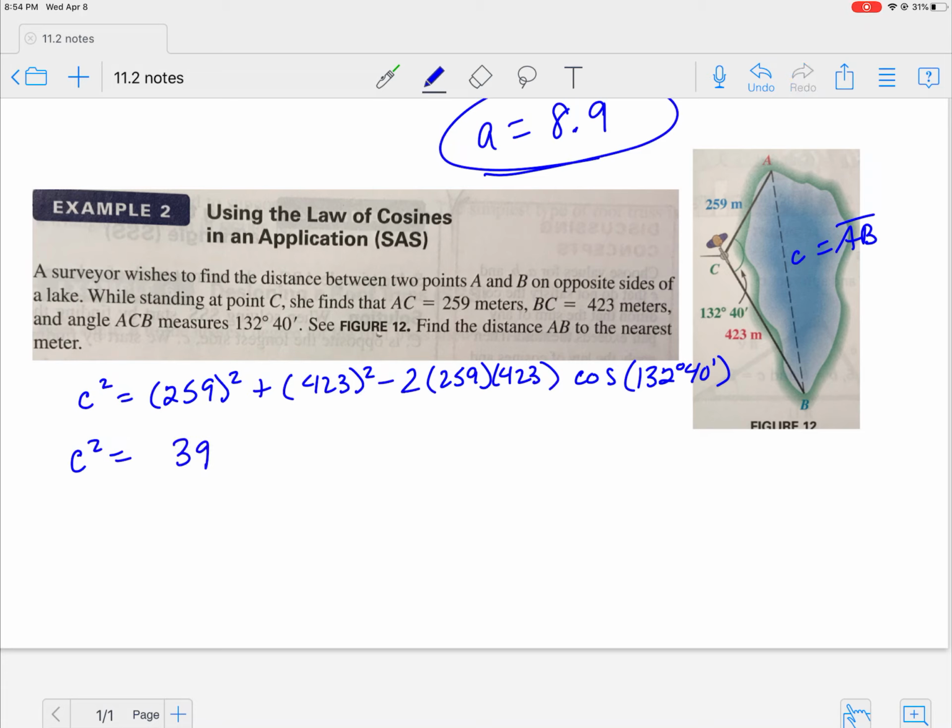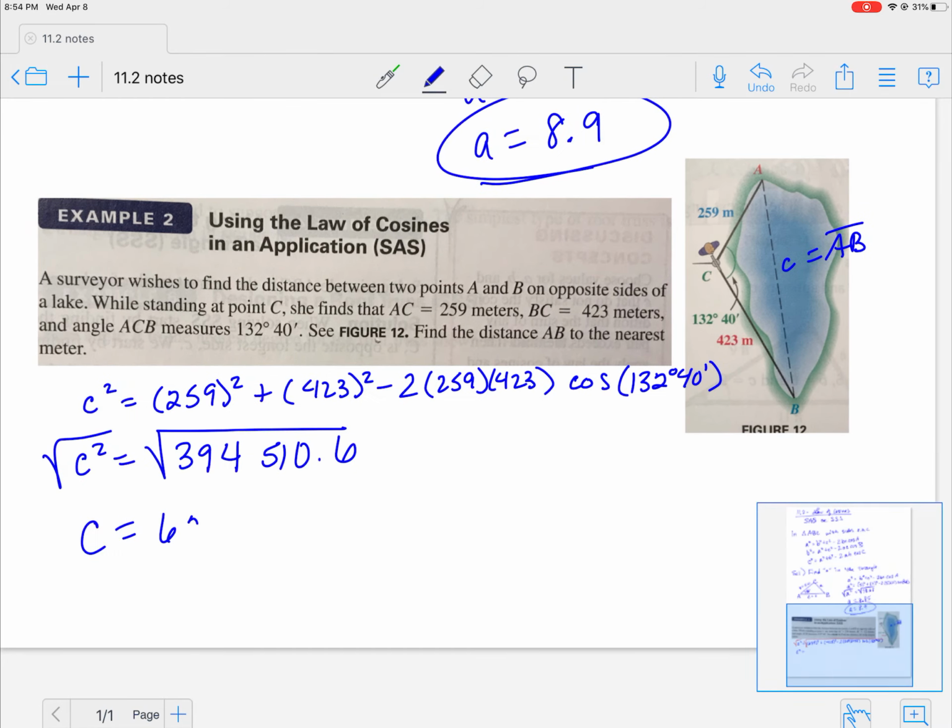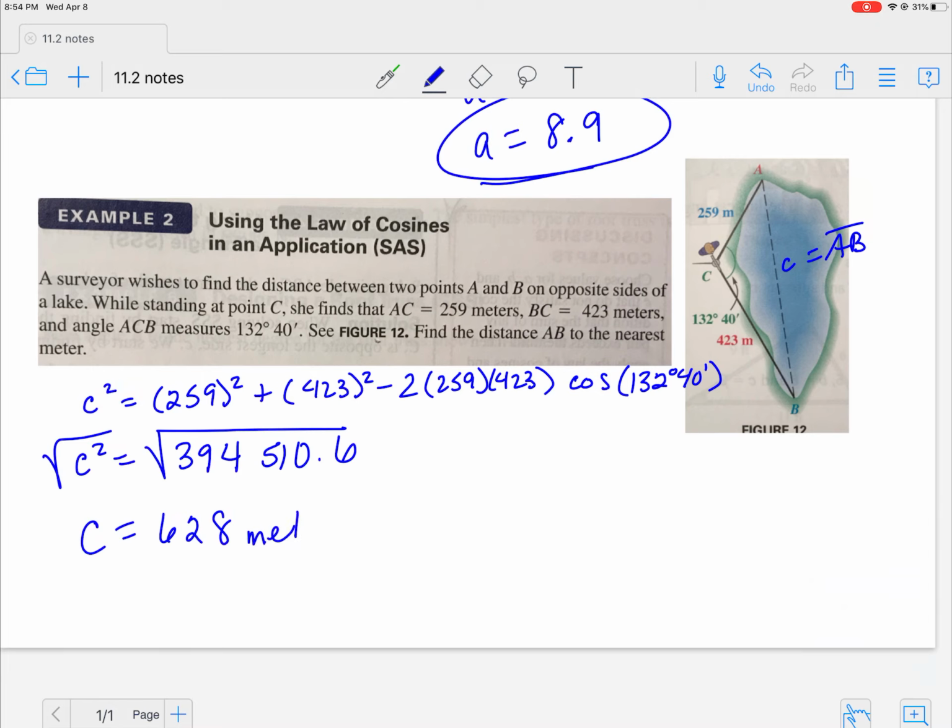Do you see what I mean? Like I could at this point just say, okay, I'm going to square root this and square root that. If you're plugging it all the way into your calculator, you can do it at that point. Either way. I'm going to take those off just so that you can see. What do we get? 394,510.6 is what I got. Now, if you square root both of those, you know it has to be positive. I'm looking at 628 meters.